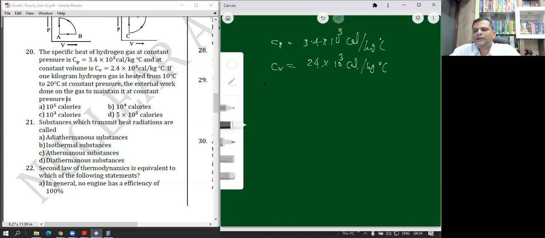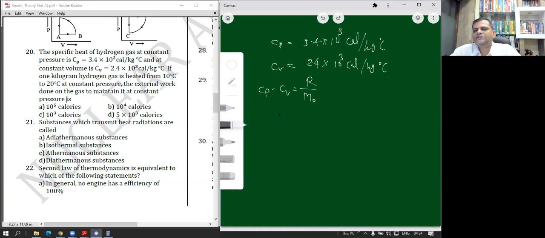Okay, so that the difference between these two, small Cp minus small Cv, actually comes out to be small r, which is nothing but capital R upon m naught, correct? So you can see this will be Cp minus Cv equal to r upon m naught, no doubt.